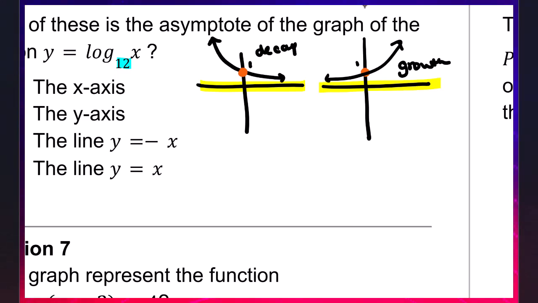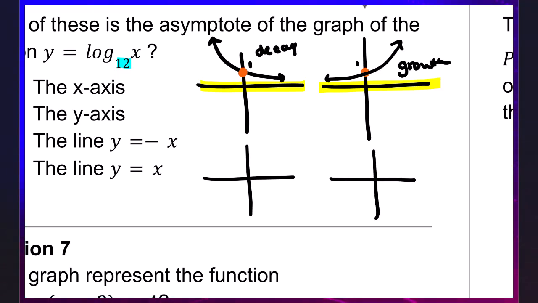Let's look at logarithms. Logarithms are the inverse of exponential. So an exponential decay, it's still going to look like a decay, but it's going to hit here on the x-axis. So everything trades.